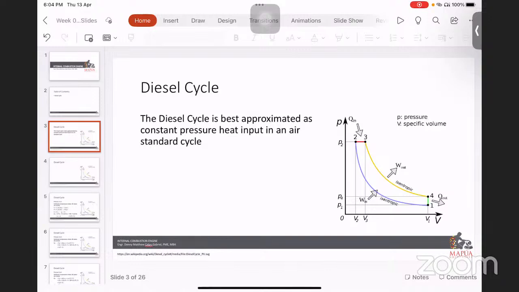So as you increase the pressure, you will also increase the temperature kasi PV is equal to mRT, di ba? Increase in pressure is equal to increase in temperature. As temperature is high enough that it reaches the flash point, then you will have a spark, then you will have your combustion process. So yun ang premise ng diesel cycle.